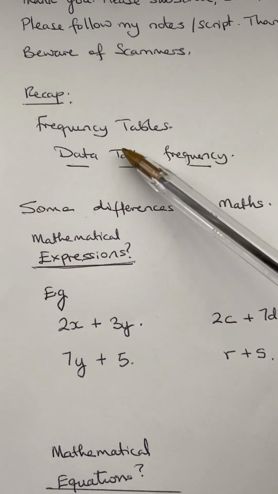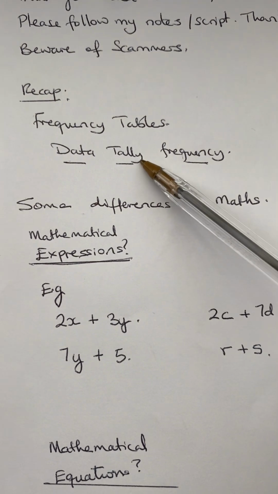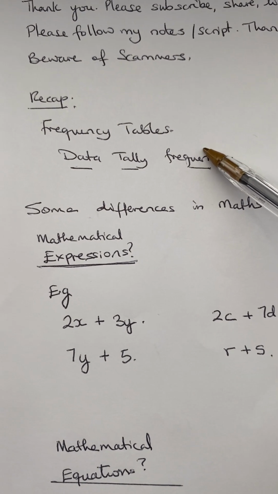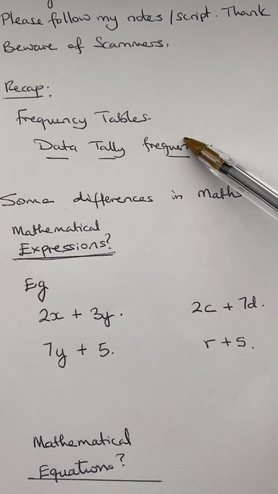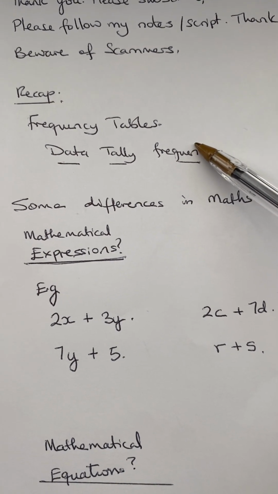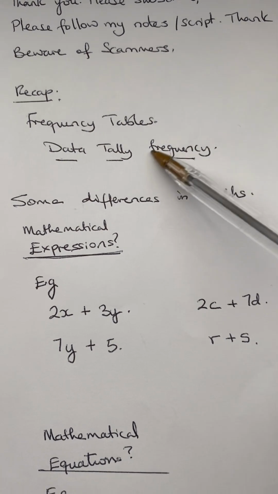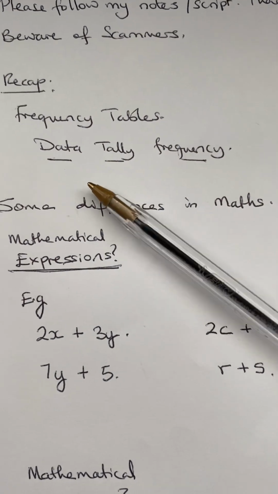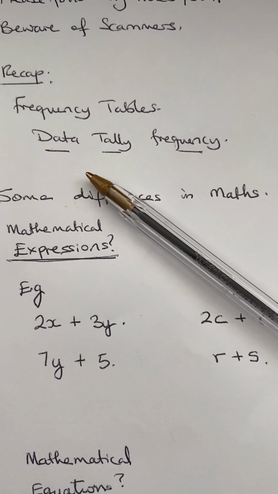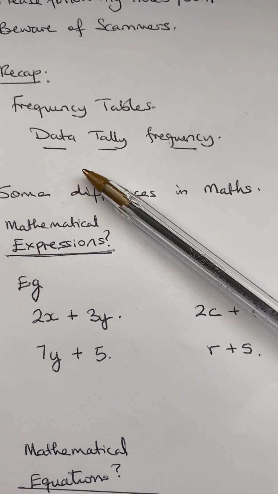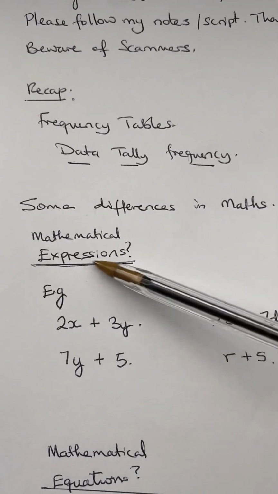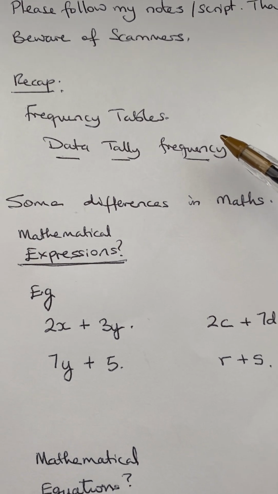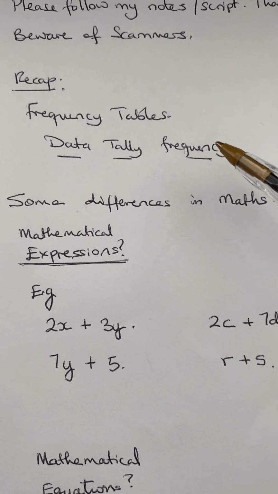We didn't need a frequency table because we had data like 5, 7, a maximum of 10. But yesterday we saw a situation where you can have 70 data values, and you wouldn't make sense out of them just by looking at that amount of data.